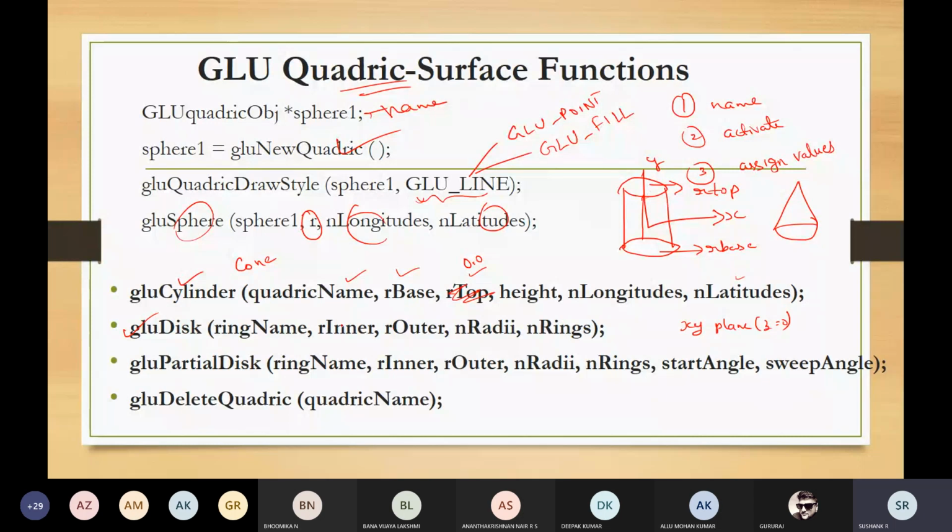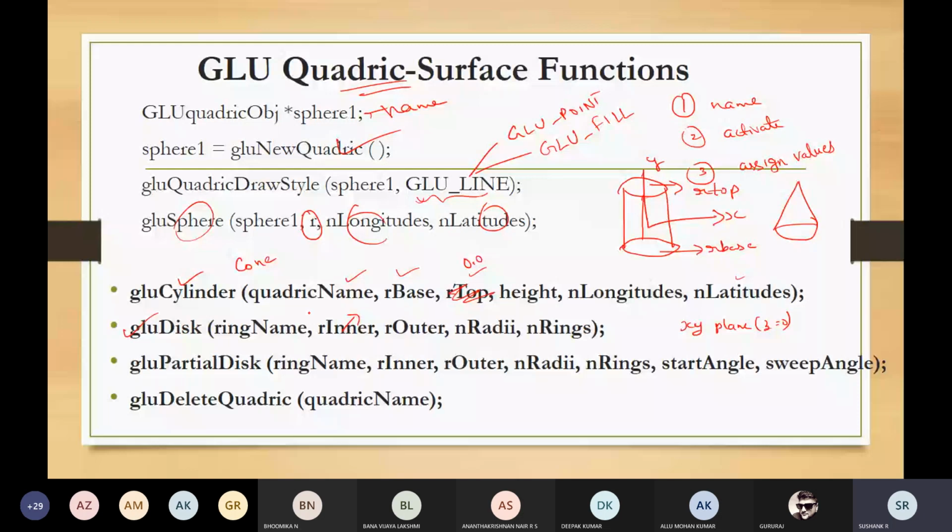Here we have R inner. The first parameter is the name which you want to assign. The second is R inner, then R outer, n radii, and number of rings. R inner means the inner radius, and R outer means the outer radius. If the inner radius is 0, it will be a solid disk.